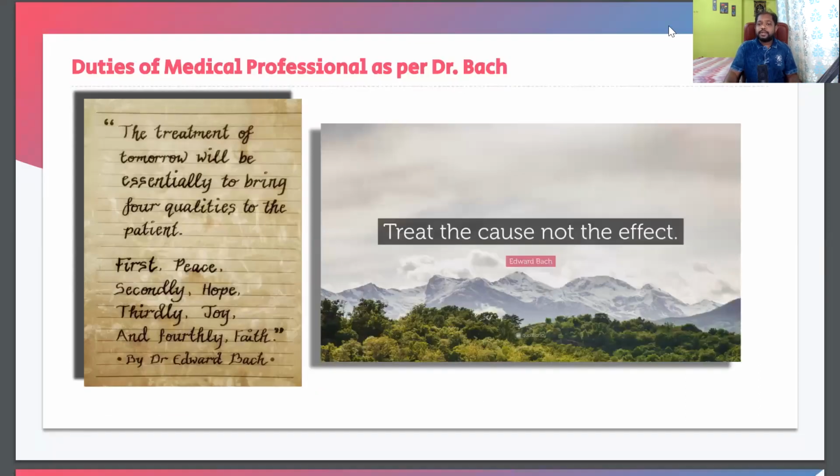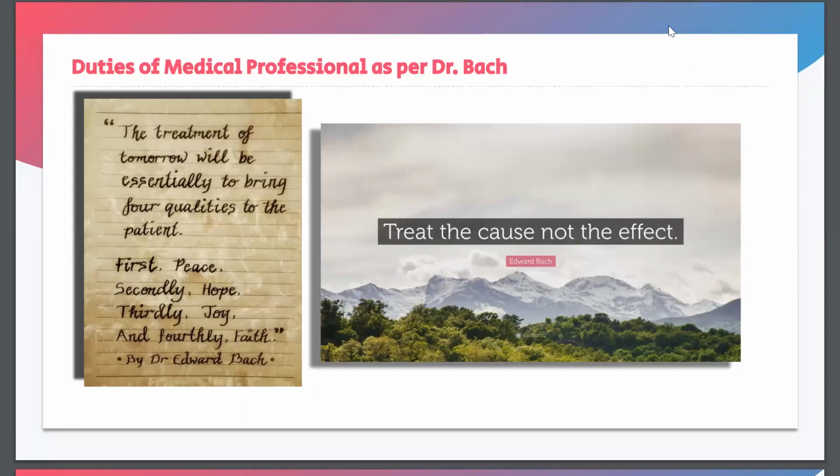There are certain aspects which Dr. Bach was expecting while going through this process of his system. The important aspect I mentioned on this slide is that they treat the cause, not the effect.